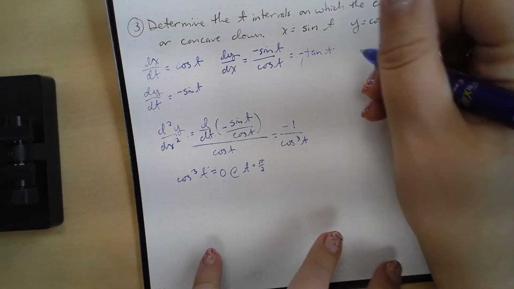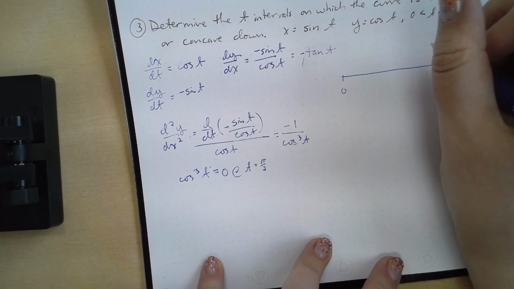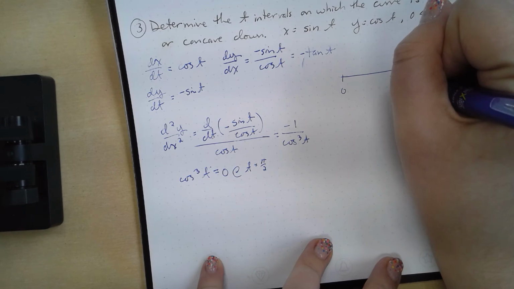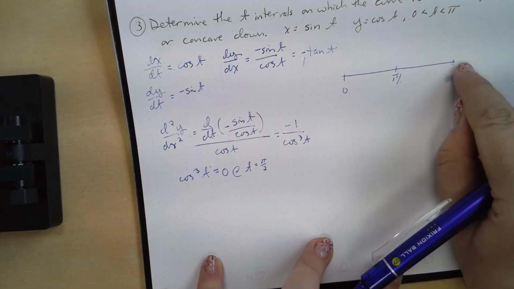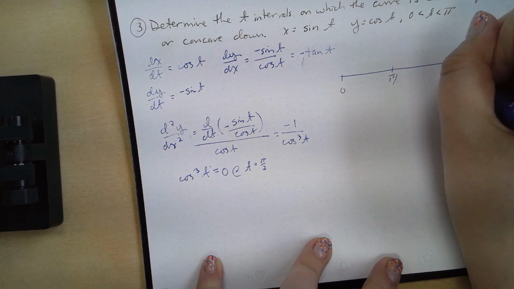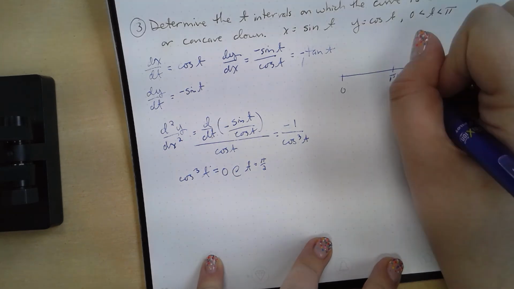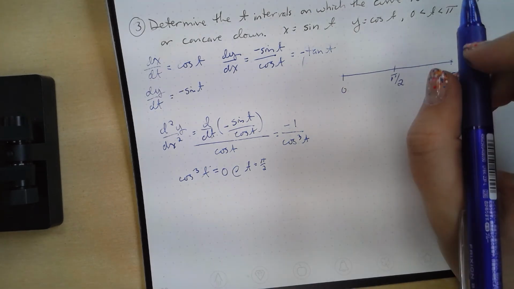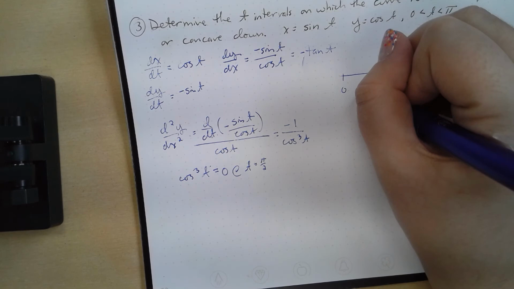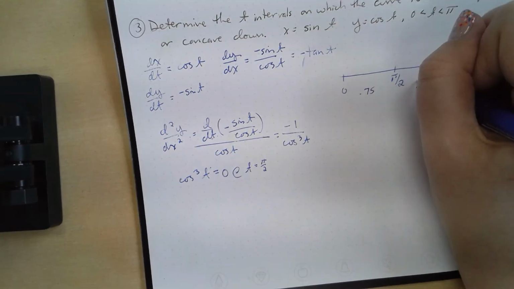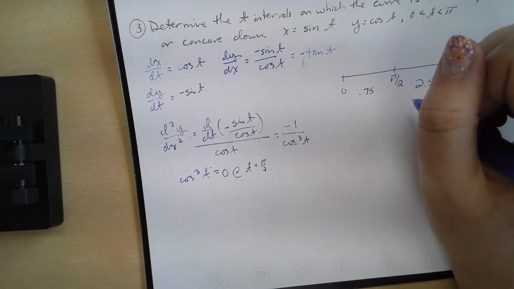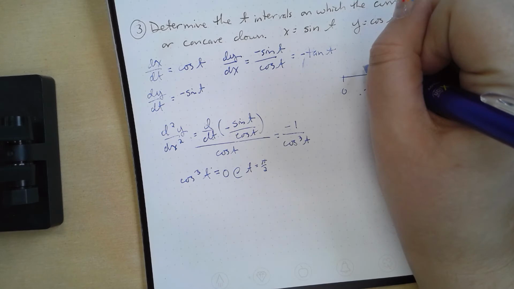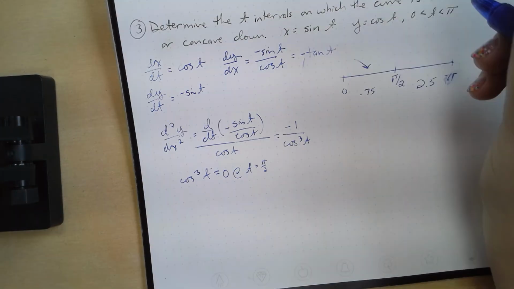So we're going from 0 to pi, and this is pi over 2. That's pi. And we can test our concavity here. If I tested like 0.75, and here if I tested like maybe 2.5, I will find that my second derivative here is negative, so it's concave down, and here it's positive, so it's concave up.